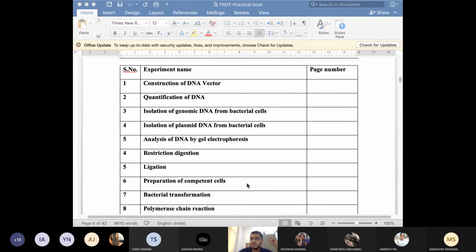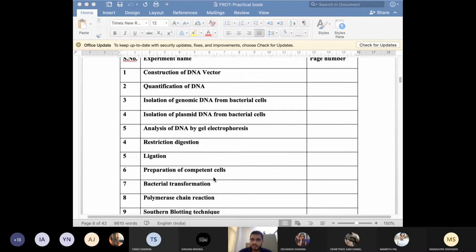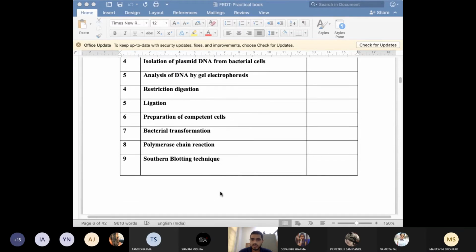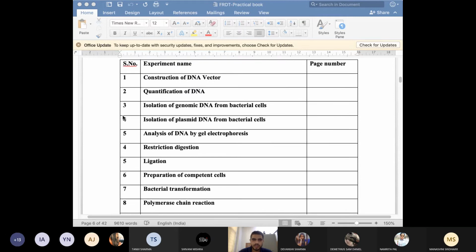Then the analysis of DNA by gel electrophoresis, restriction digestion, ligation, preparation of competent cells, bacterial transformation, polymerase chain reaction, and Southern blotting. So these 10 experiments are going to be there.